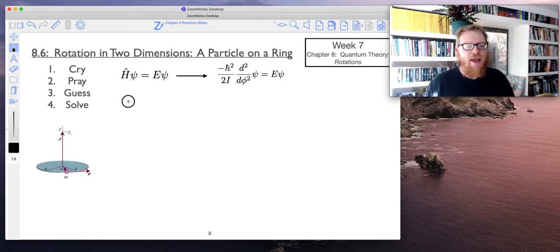So now we can say that psi of phi, we know that this is imaginary roots.